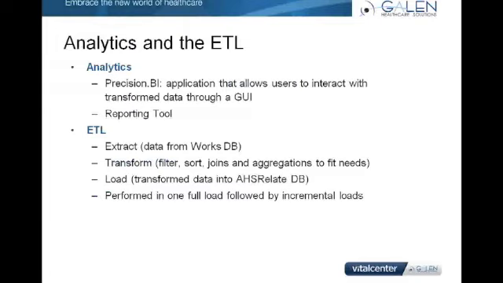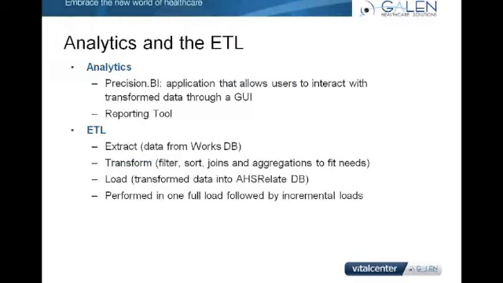How does this data get into Precision BI? Well, that happens through a process called ETL, which stands for Extract, Transform, Load. For extract, what happens is there's a process that runs, and I'll go through this at a very high level. I don't want to bore anybody with the details here, and that could be something for a different webcast. But there's a job in the SQL that actually extracts all the data that's in the Works database, and it transforms it.